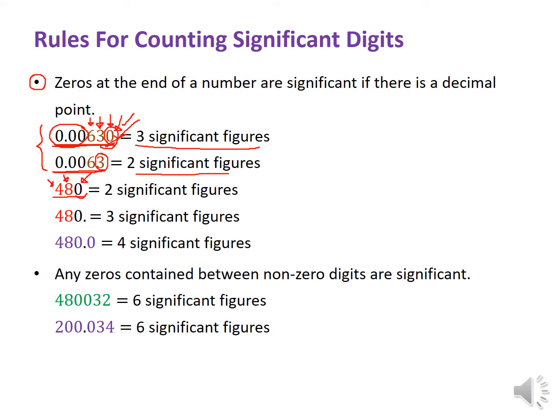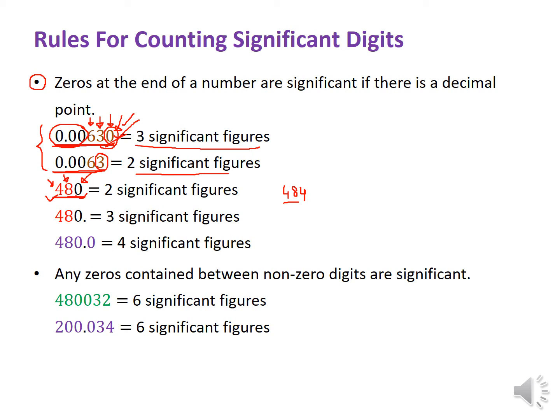It may be the case that we have rounded 484 to 2 significant figures to get the number 480, or it may be exactly the number 480.